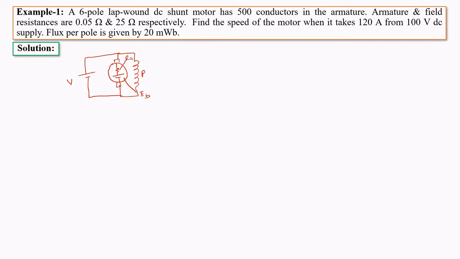And this is the shunt field winding resistance. The supply voltage is given as 100 volt, and the shunt field winding resistance RSH is 25 ohms.